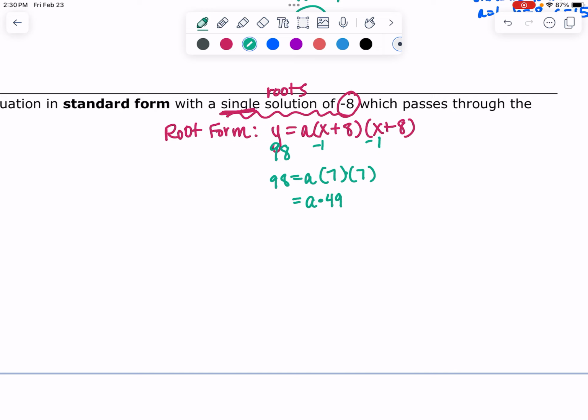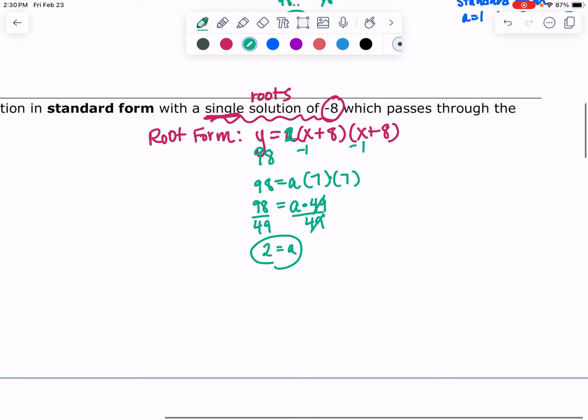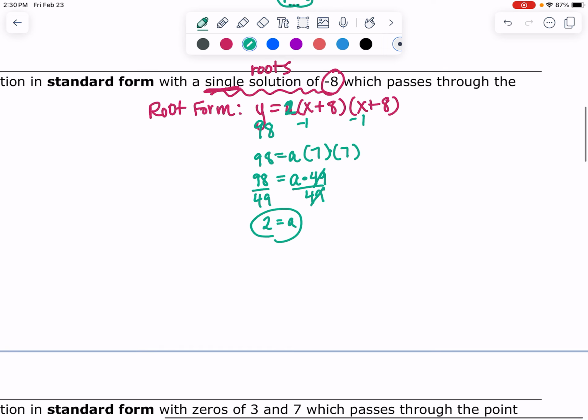And it's still being multiplied by the a. Then we can divide by the 49. And that would be 2. So we know our a value is 2. And so our root form is 2 times x plus 8, x plus 8.